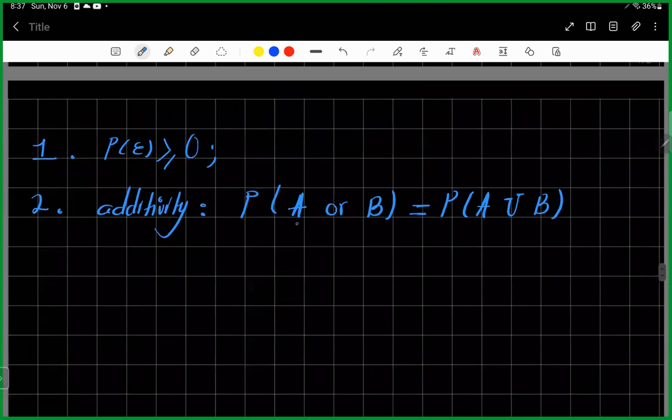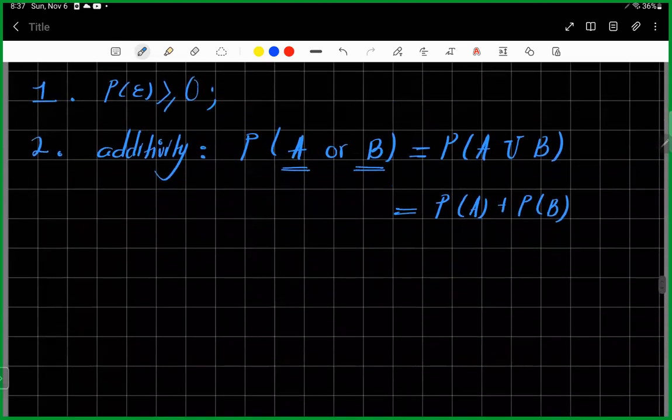Because this is a set of possible outcomes, and this is a set of possible outcomes. So the union between these two sets will be the probability of either A or B, okay? And this is equal to just the probability of A plus the probability of B, okay? This can be proved easily with a Venn diagram, okay? Recall Venn diagrams.